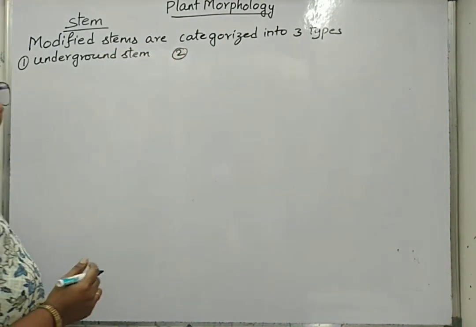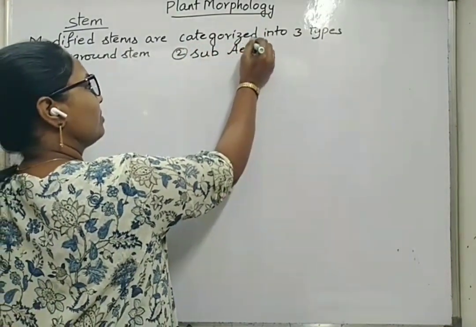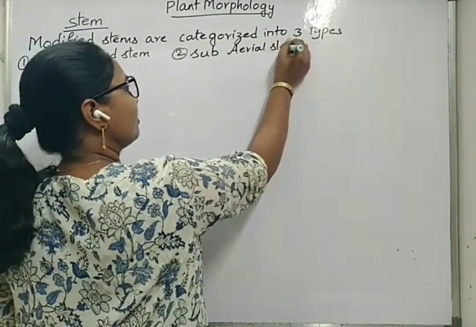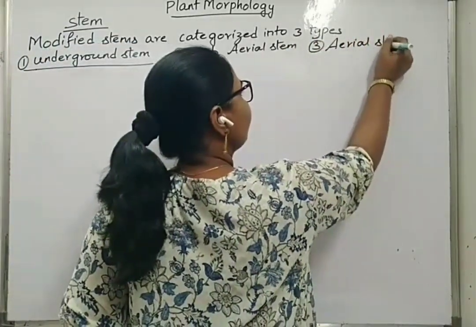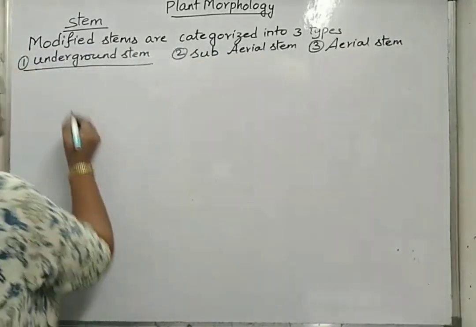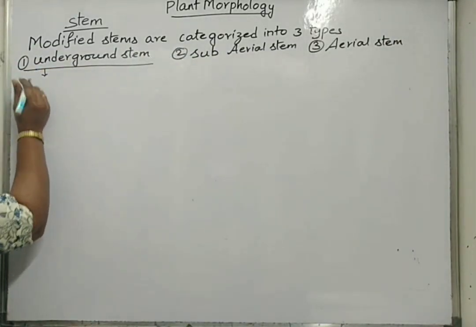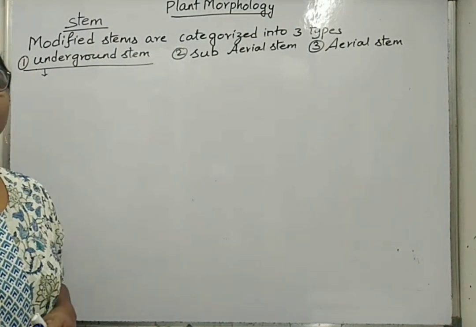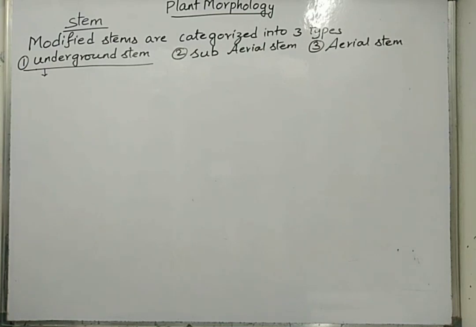Second one, subaerial stem. Third type, aerial stems. First, we will start with underground stem modifications. These underground stems are modified mainly for food storage and vegetative propagation.